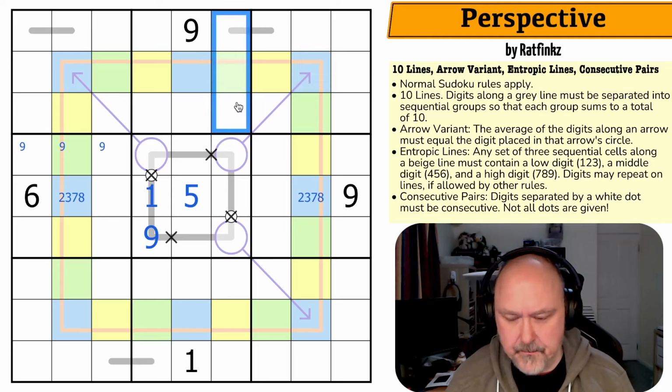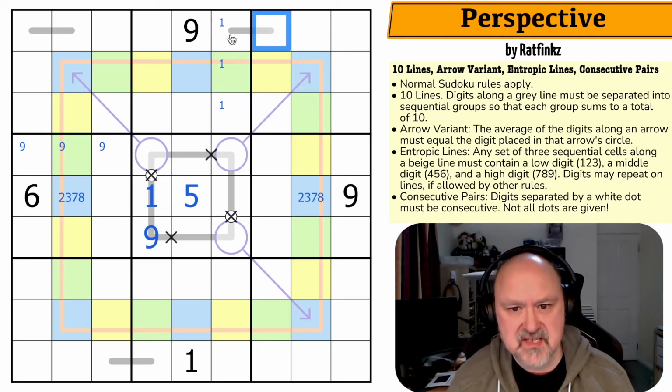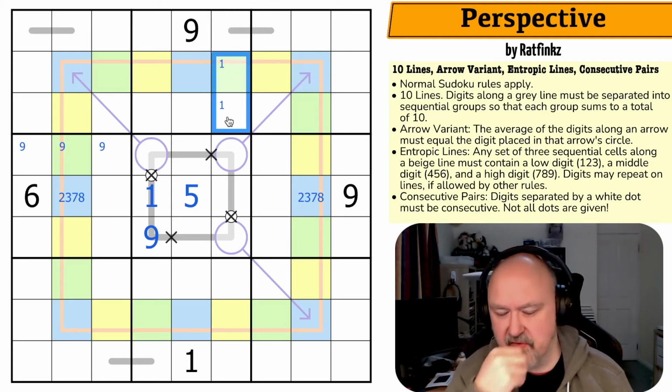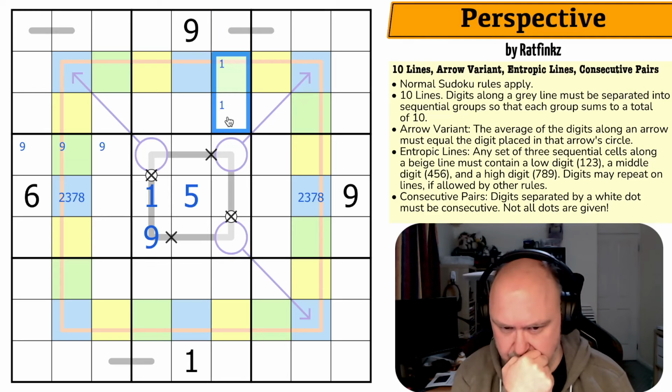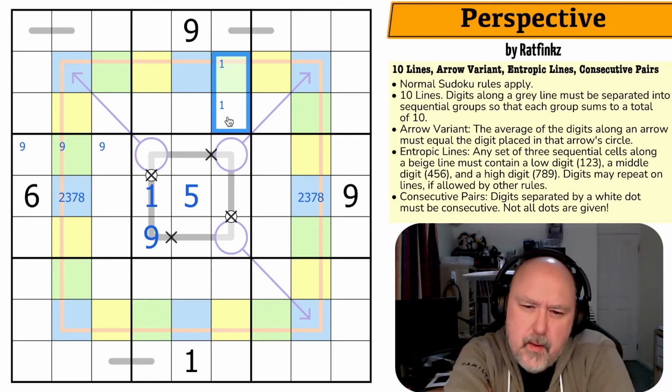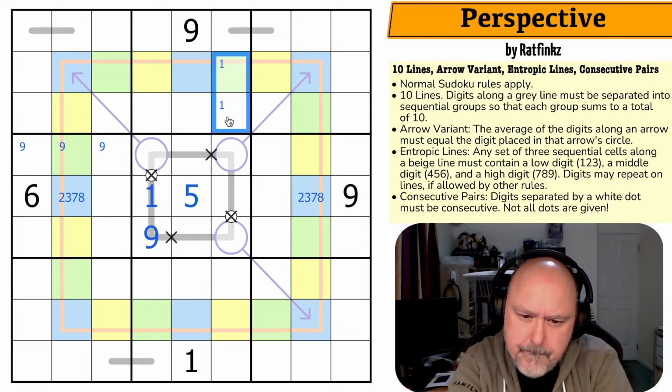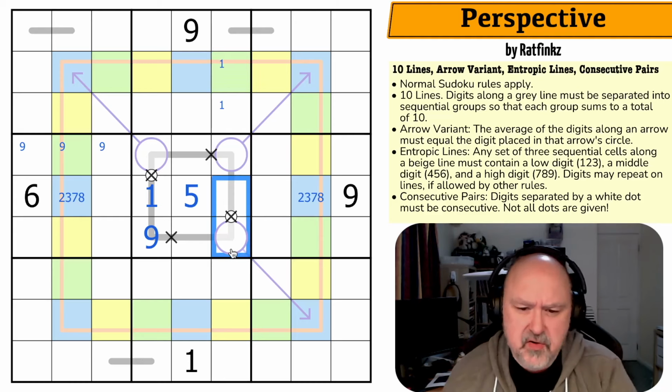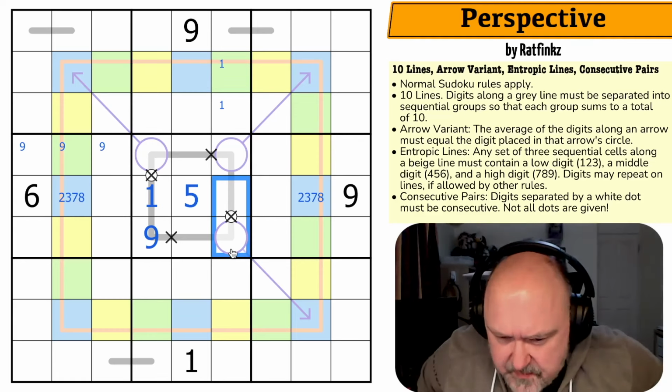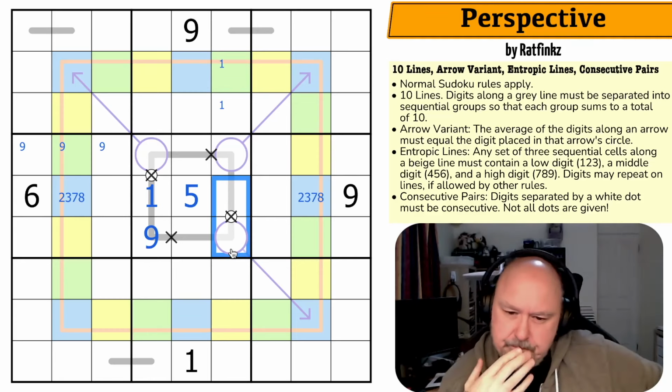1 is up here. Now 1 can't be here because this would have to be 9. 1 is in one of those two. How do I break this open? There must be an odd digit on this, which is either going to be a 3 or a 7.